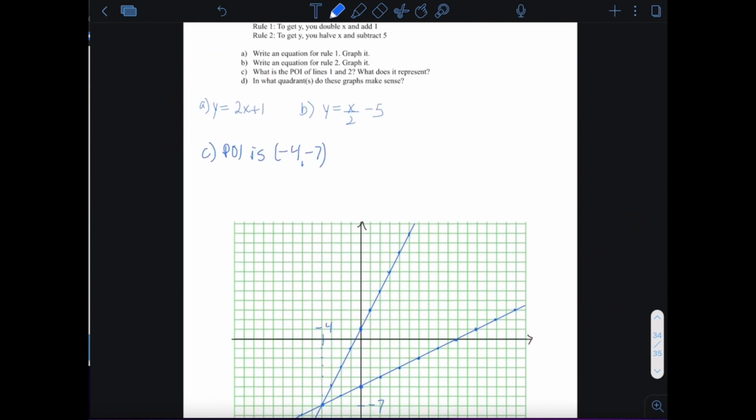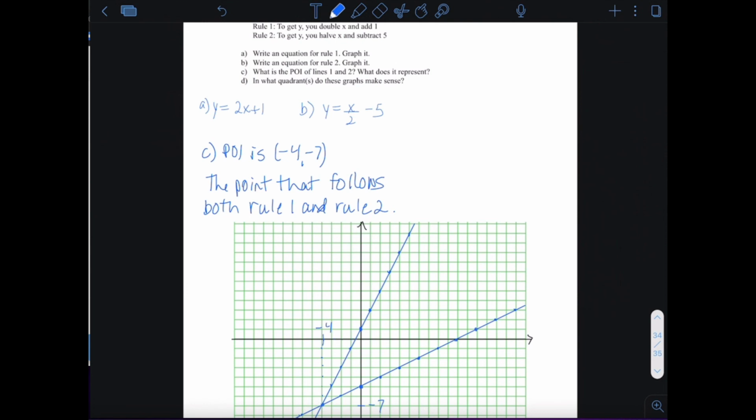What does it represent? Well, it represents the point that follows both Rule 1 and Rule 2. So that one particular point is both when you double x and add 1, you get y, and when you halve x and subtract 5, you get y.